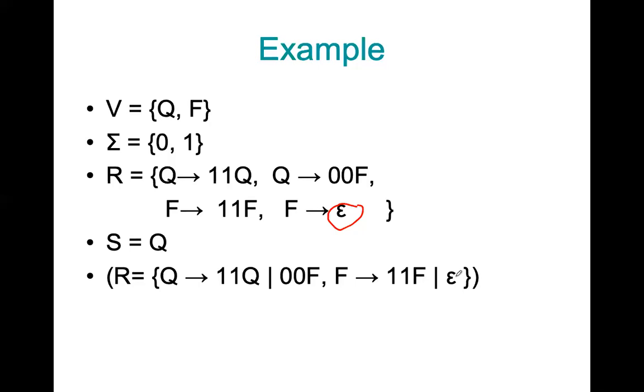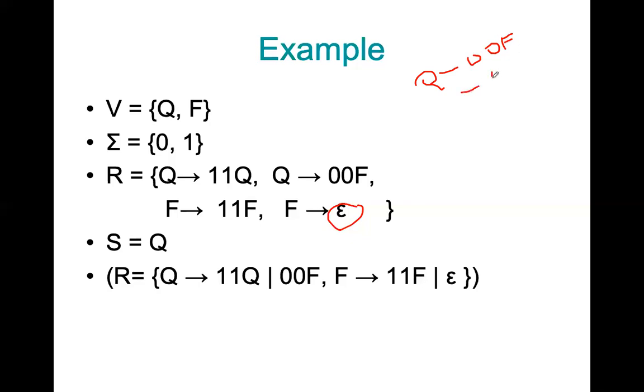Suppose I start with Q, and Q produces 00F, that is 0, 0 and F. In the place of F, I substitute epsilon.